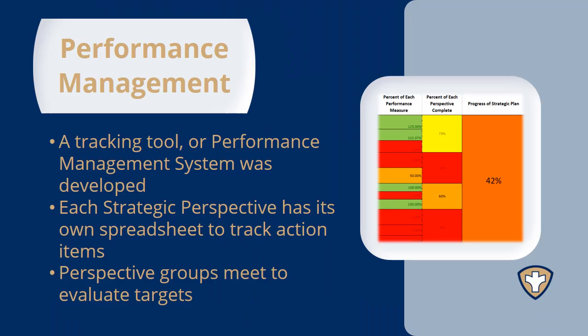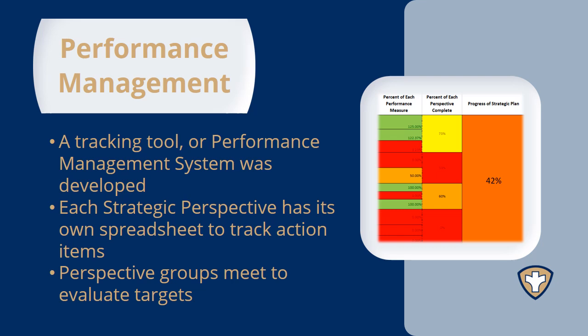In order to track the progress of the strategic plan or a balanced scorecard, we needed to develop a performance management system. So a performance management system is a tracking tool that will help keep agencies on task and hold them accountable for the goals that they've set.